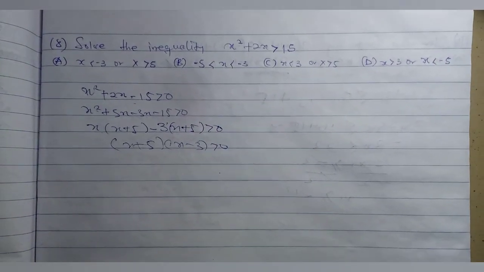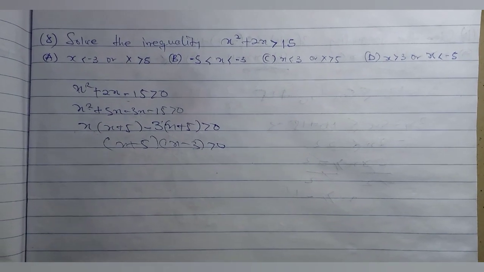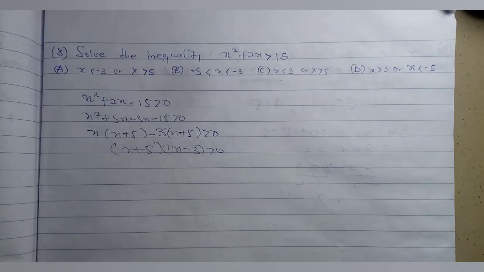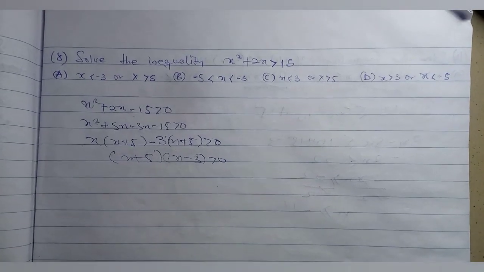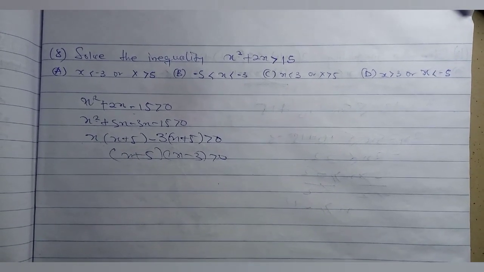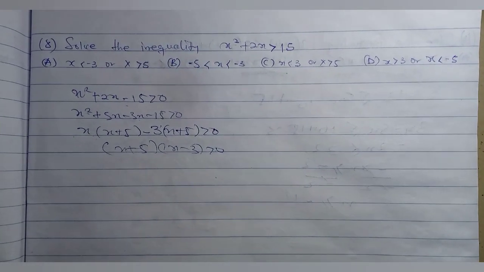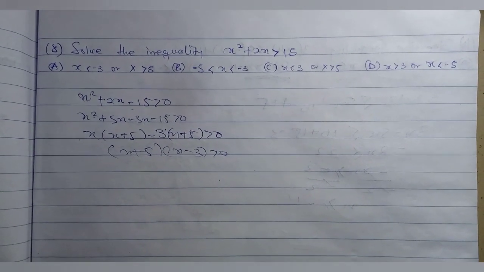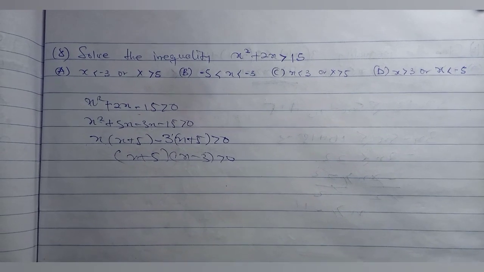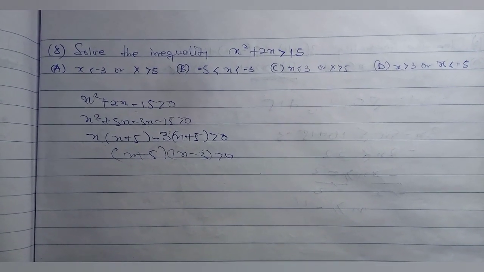Now let's find the values which should be greater than 0. For these two brackets, x plus 5 and x minus 3, both of them won't be equated to greater than 0. One must be less than 0 and the other one greater than 0.